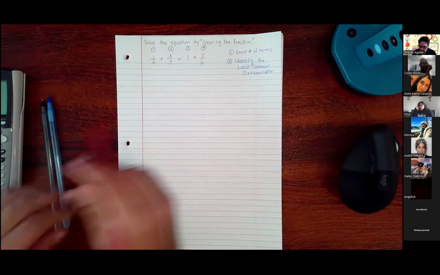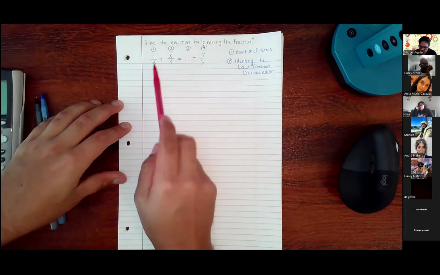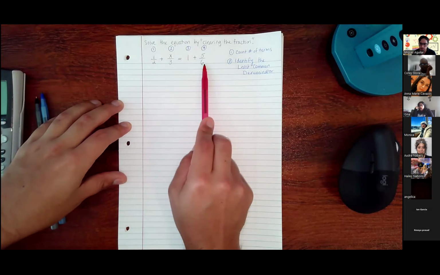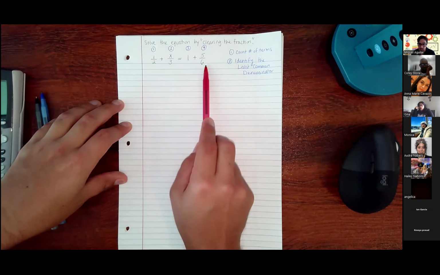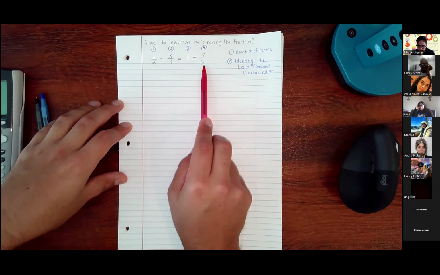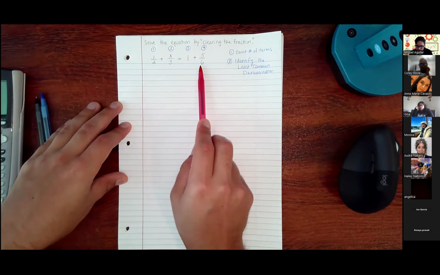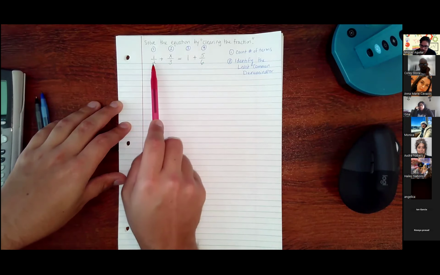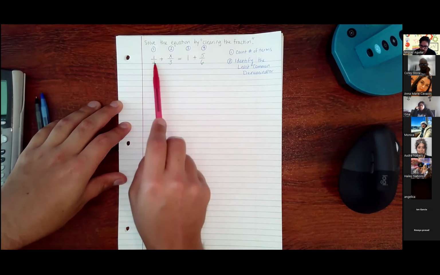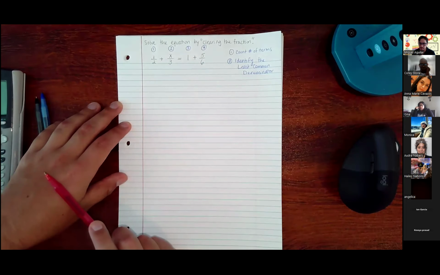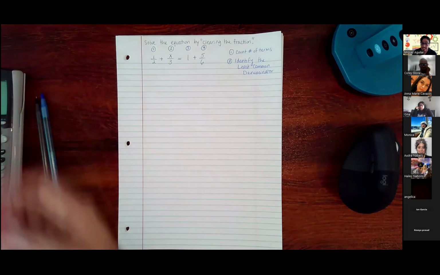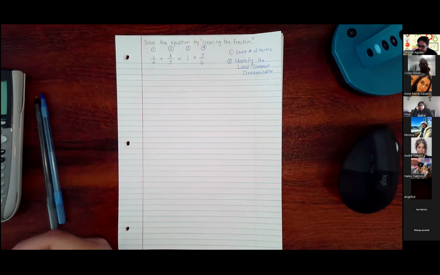Least common denominator is this idea that if we wanted to add fractions together by hand without using a calculator, we need to get them all to have the same denominator first. And the way you would do this is usually you would find a multiple of 2, a multiple of 3, and a multiple of 6 that are all the same. But then again, I'm asking you to find the least common denominator, but it requires you to know what a multiple is.